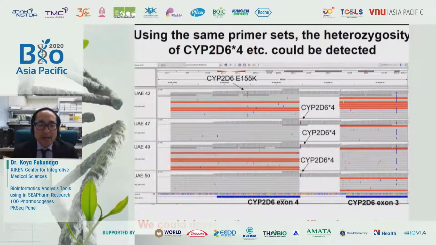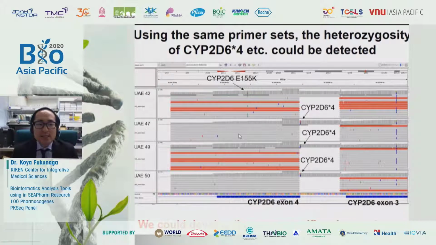This error is related with CYP2D6 star 4 core variants like this. If the primer did not amplify the CYP2D6 specific region, we could not determine the heterozygosity variations.